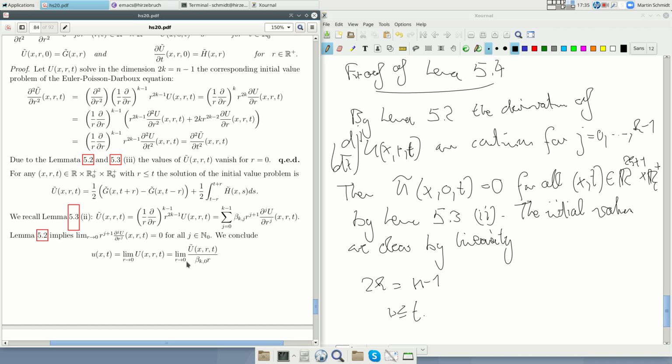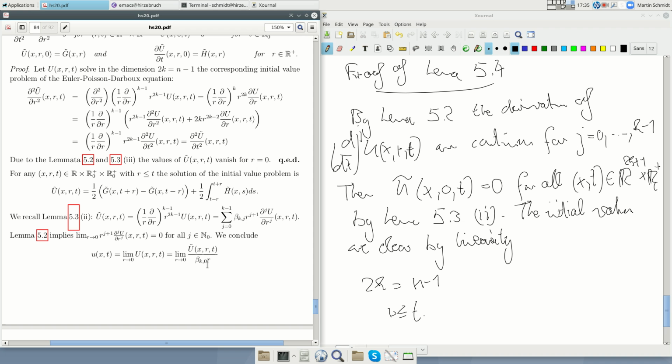Remember, in 3 dimensions we took the limit that r goes to 0. So we will do this again here. Yeah, u of x t is the limit r going to 0 of u of x r t. But now remember that we have this formula here. Yeah, and here we have higher and higher powers.